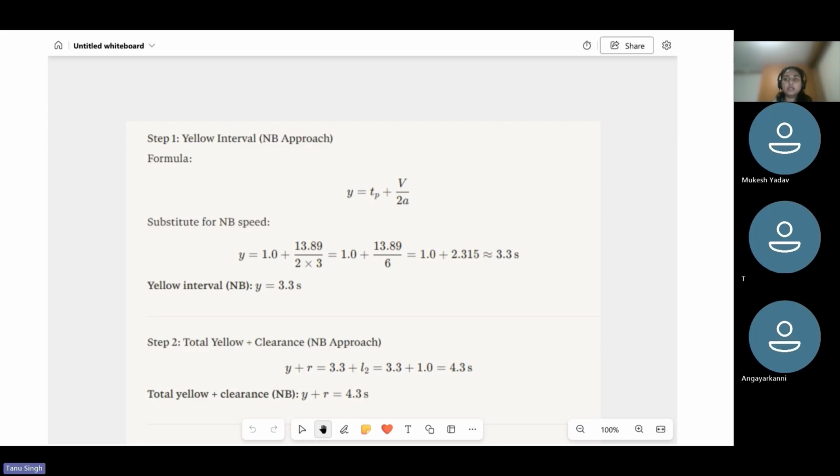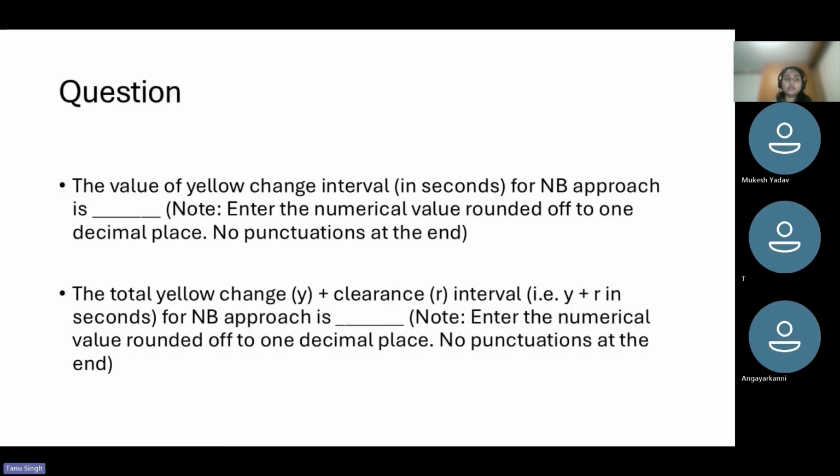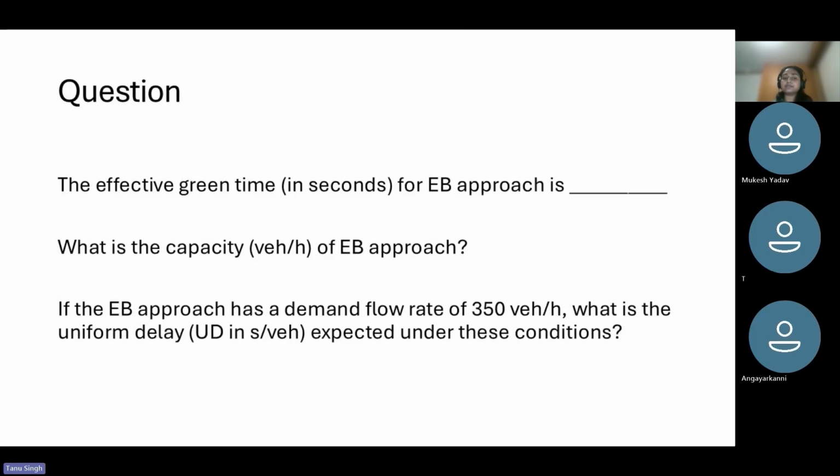Okay, now the next question was to calculate the effective green in seconds for eastbound approach, then calculate the capacity for eastbound approach, and then finally, if eastbound approach has a demand flow rate of 350 vehicles per hour, what is the uniform delay expected under these conditions. So these are the next 3 questions that we have to calculate based upon the previous data.